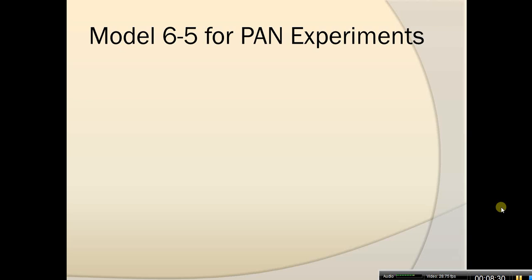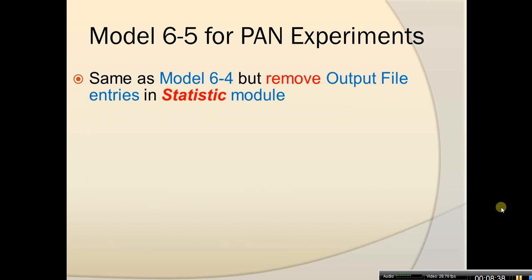So what we're going to do, and how I'm going to demonstrate this, is create this model 6.5 for the process analyzer experiments. So again, this new model will be based on model 6.4. We're just going to remove the output file entries in the statistic module because we don't need those anymore. The process analyzer will take care of it for us automatically.